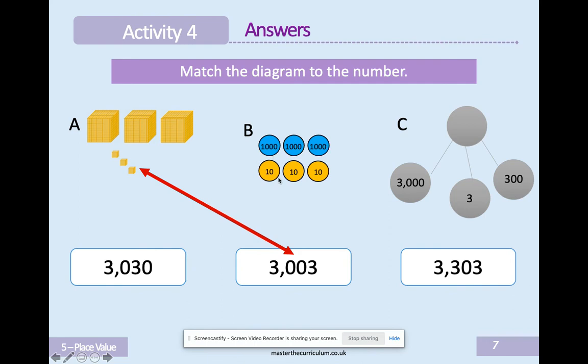But this time we have tens. 10, 20, 30. So 3,030. Fantastic. And then the last one is 3,303. Now you've noticed here it's not in the correct order, but on these diagrams sometimes they mix the order up, so we have to count very carefully. Well done.